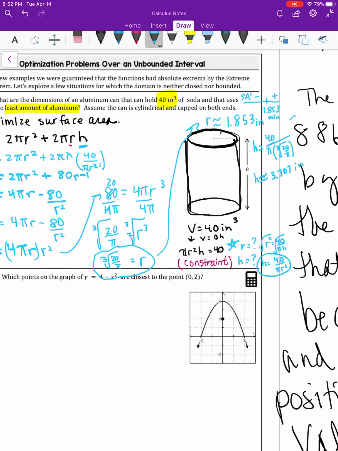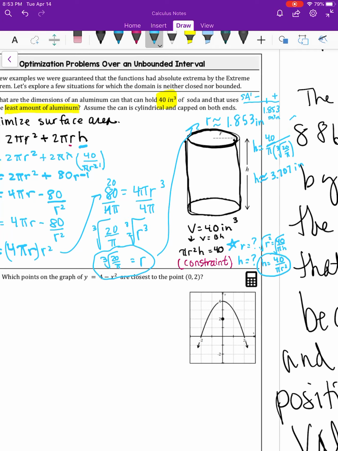And so now, if you were needing to justify, you could say: the can measures radius approximately 1.853 inches, and height approximately 3.707 inches, with volume 40 cubic inches of soda.